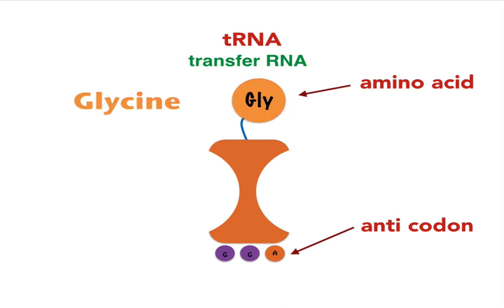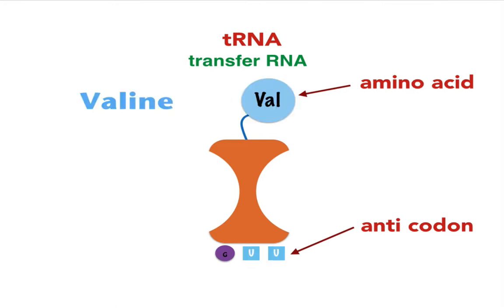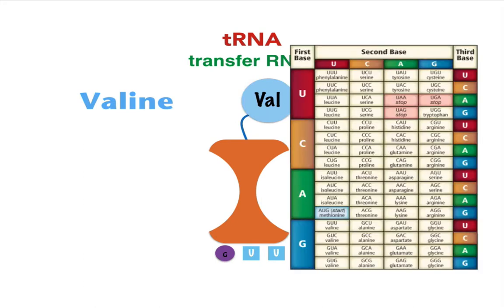And then glycine. Glycine has a code of GGA, and you'll notice for every single one of these amino acids, they actually have multiple 3 base codes. So glycine, for example, has GGA, but it also has GGG. Now if we take a look at valine, again, another amino acid, it has a different anticodon.